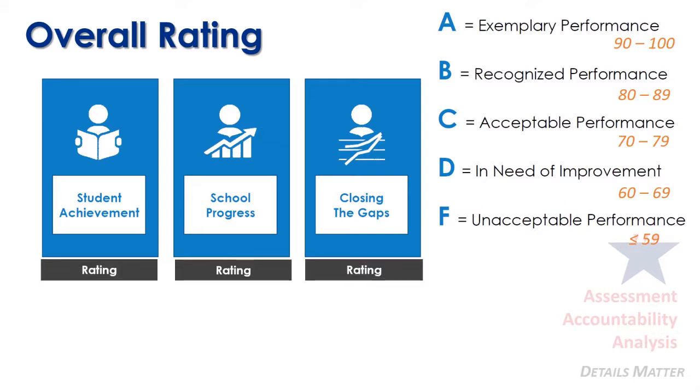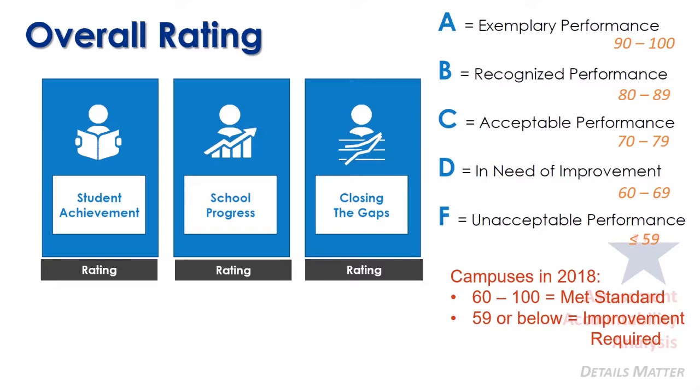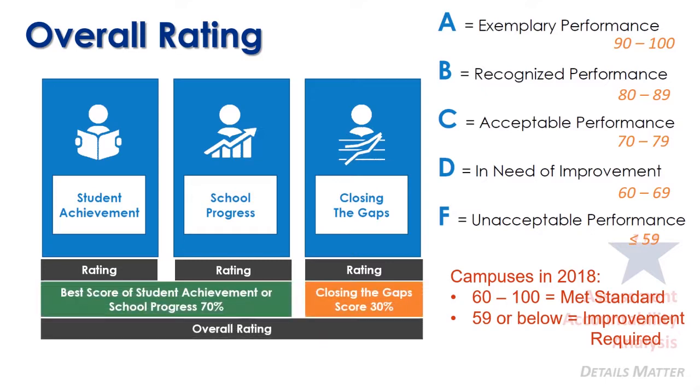Keep in mind, campuses receive one of only 2 ratings in 2018, while districts will receive a letter grade rating. The overall rating is determined by taking the better scaled score from student achievement or school progress and counting it as 70% of the overall score, with the scaled score for Closing the Gaps accounting for the remaining 30%.